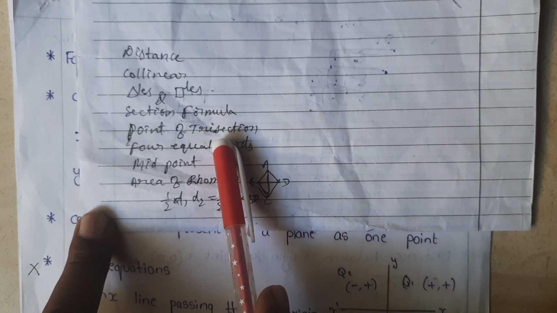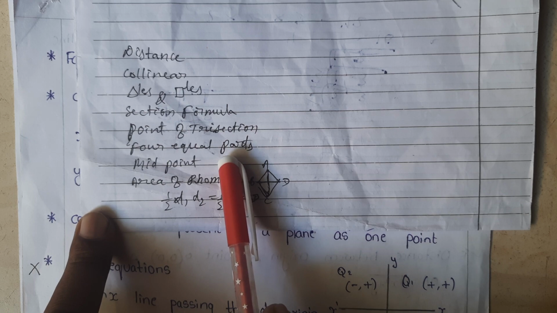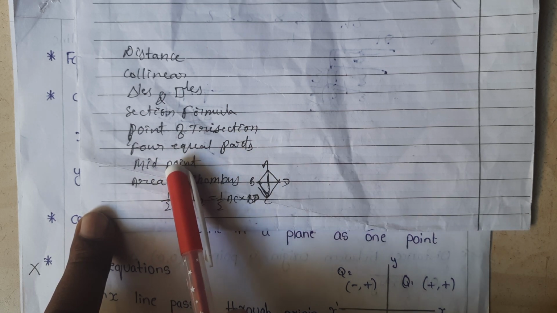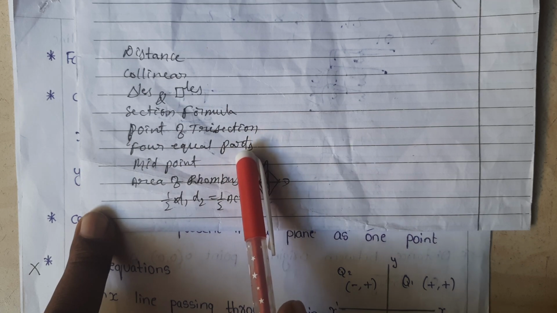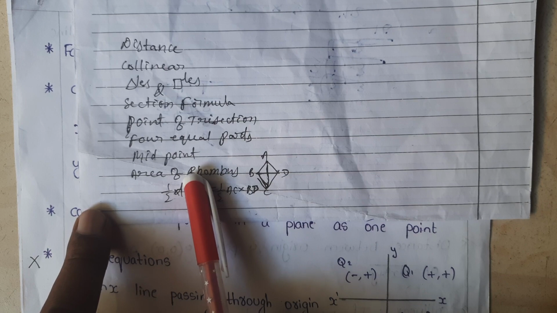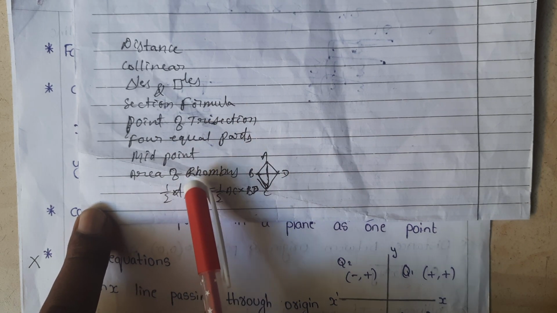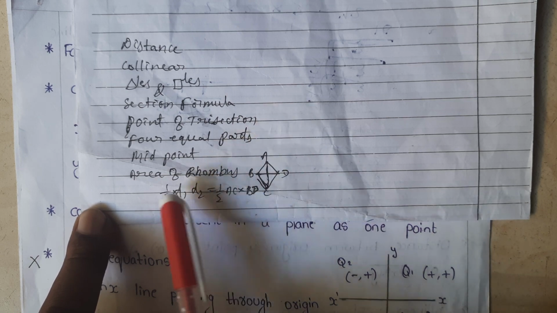Another one is 4 equal parts, that means one line segment divided equally by 3 points. Next, the midpoint formula. This is exactly the midpoint. It is also a section formula in one way, but we take it as 1 point.